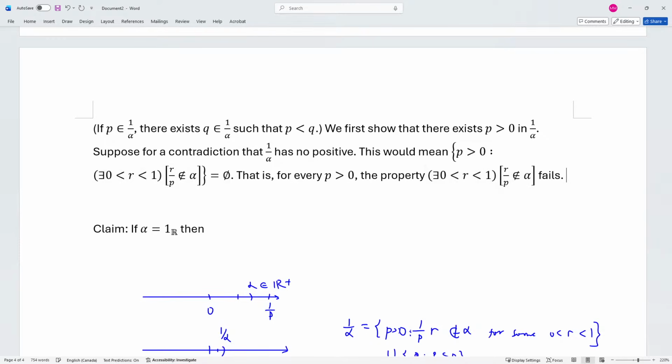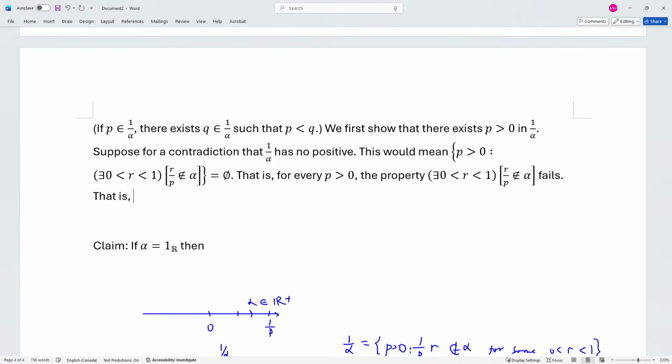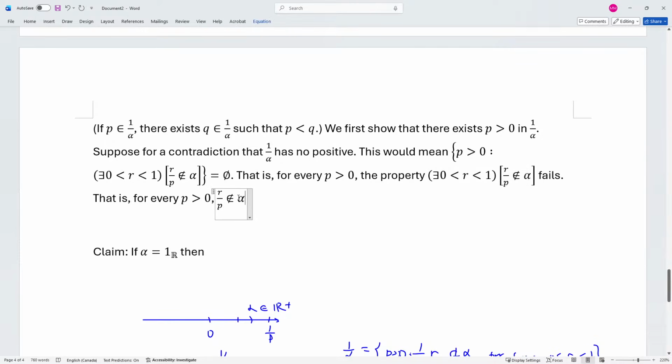So that means that we just keep translating. For every p greater than 0, R over p is in alpha.